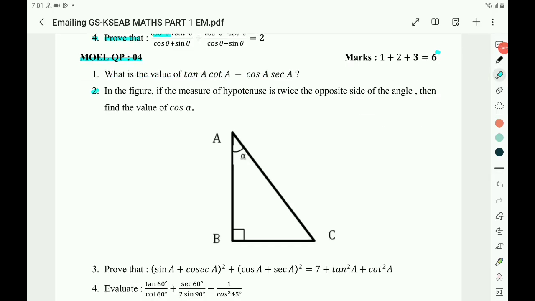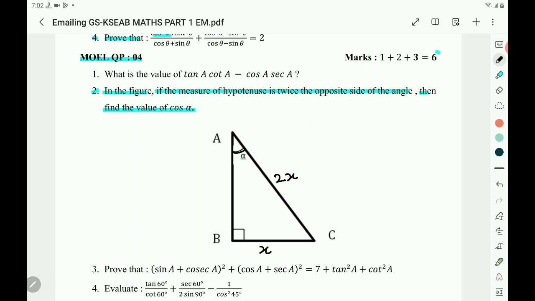Second question. In the figure, if the measure of hypotenuse is twice the opposite side of the angle, then find the value of cos alpha. Here the angle A is alpha and its opposite side is BC and hypotenuse is AC. So if you take BC is x, then AC becomes twice of BC, which is equals to 2x.